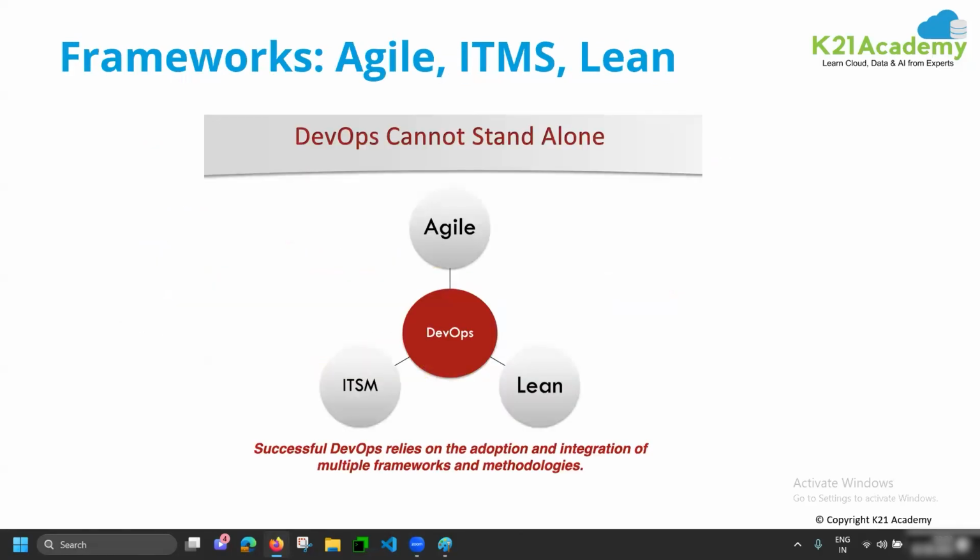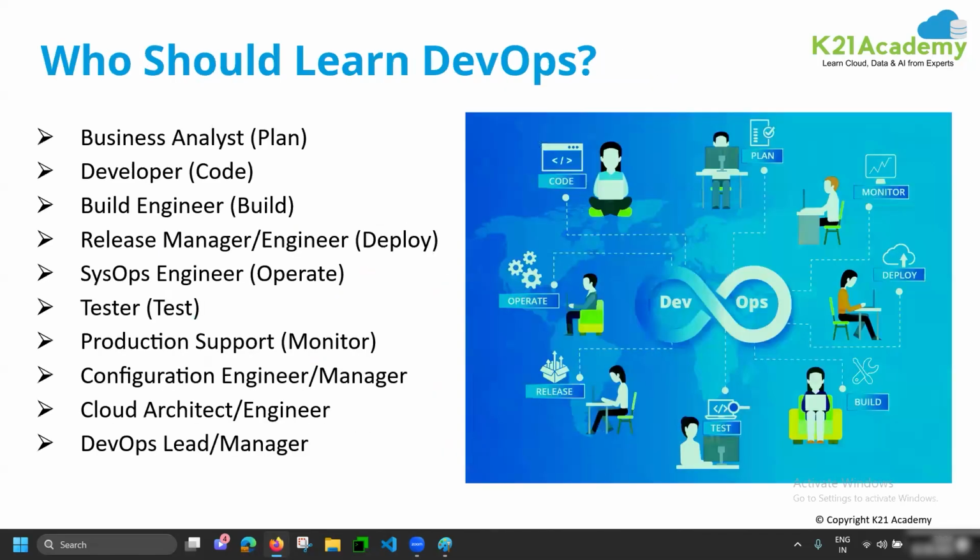Then I think just now we talked about this: DevOps works with agile, lean processes, and ITSM processes. We know we have to follow some ITSM processes. And as for who should learn DevOps, it's not just developers, testers, and system operations.